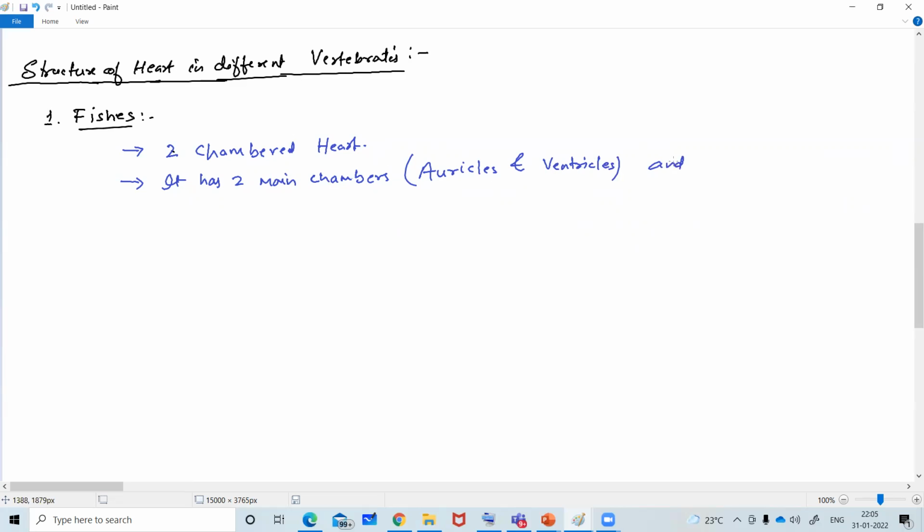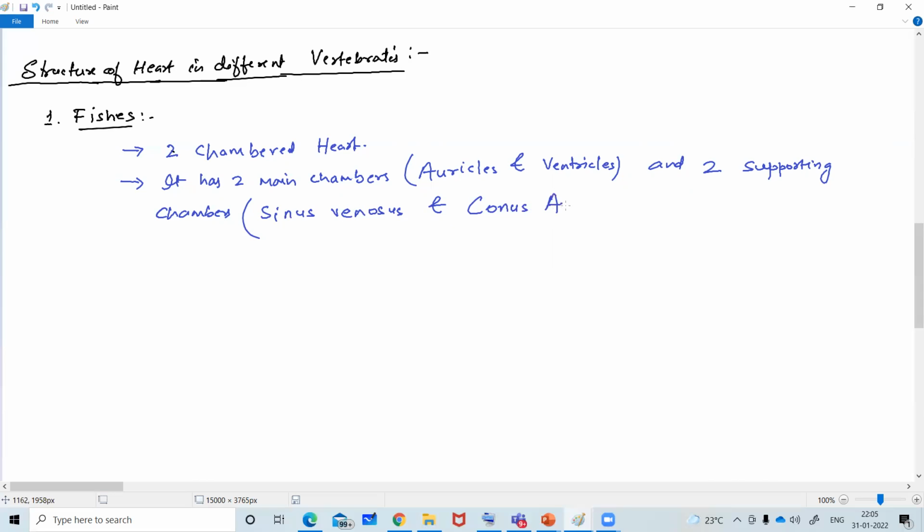And apart from this, there are two supporting chambers. And what are these chambers? These are called sinus venosus. Spelling is sinus. Sinus venosus and conus arteriosus.